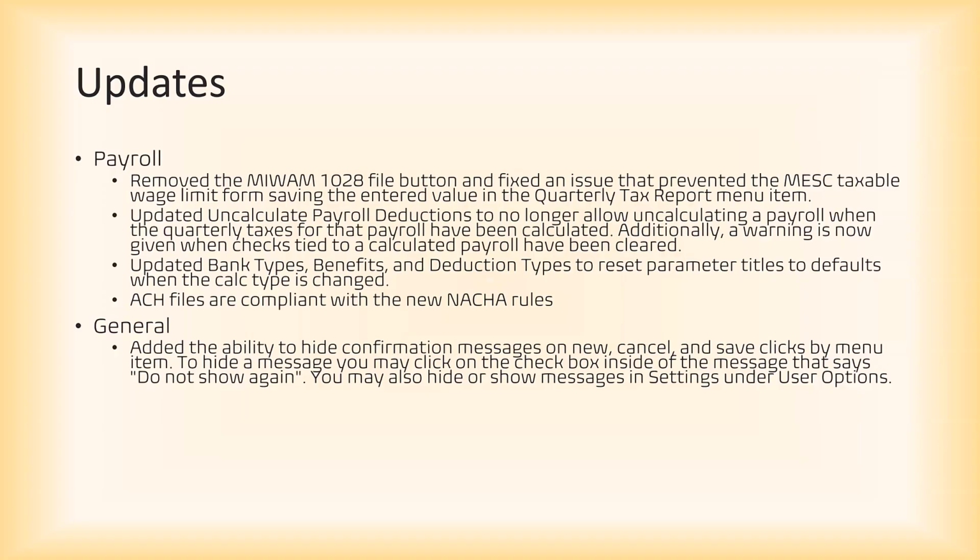This is per menu item, so if you want it for all menu items, you might just want to go to PFA settings, but now you can remove the confirmation messages on new, cancel, and save. So when you click save and you want to hide the confirmation message, it will no longer say save successfully. It'll just save it. And if there were no errors, you won't see anything.